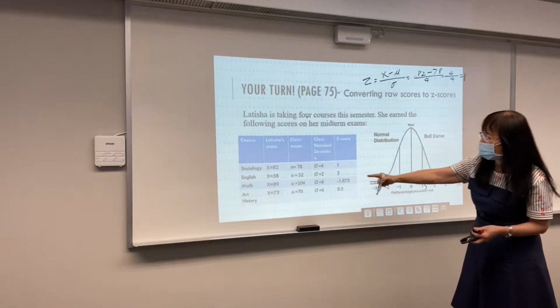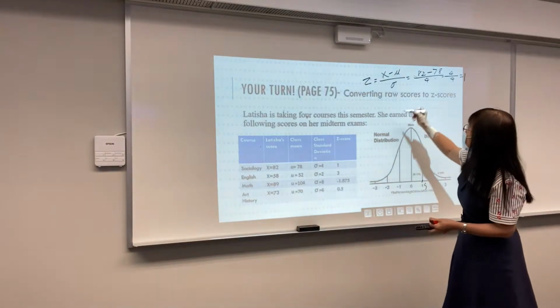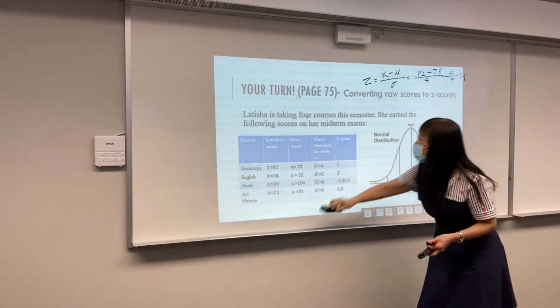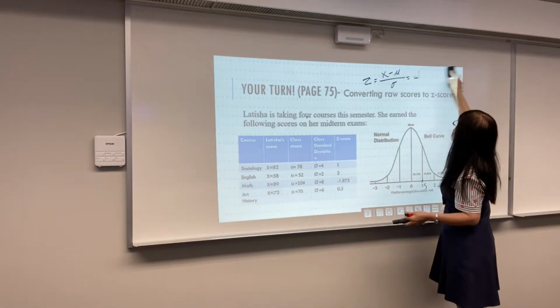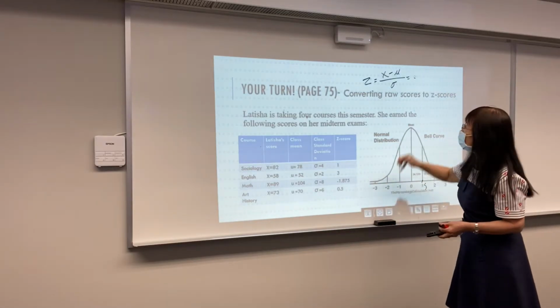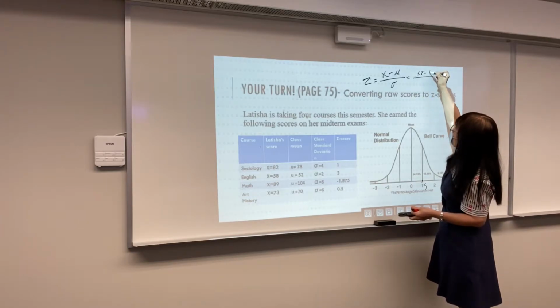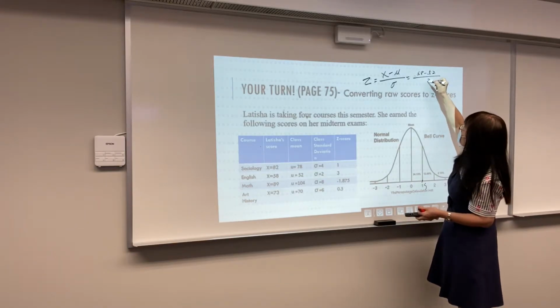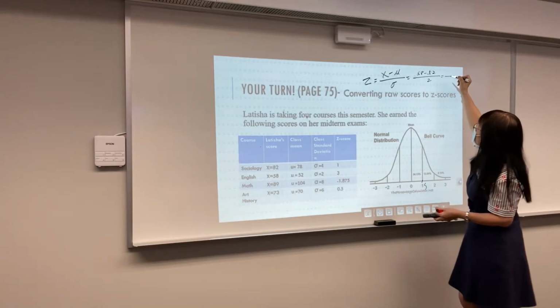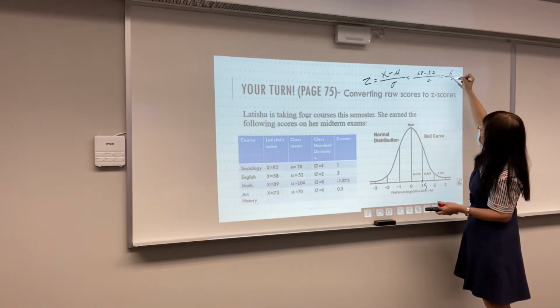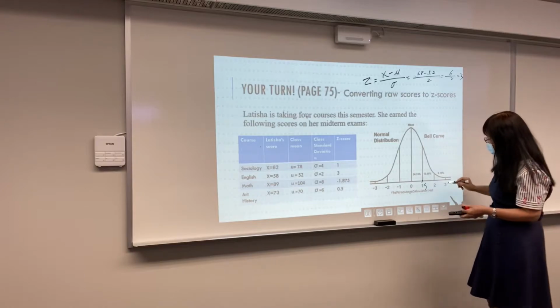Then the second one is English: 58 subtract 52 divided by 2. So 6 divided by 2 is 3.